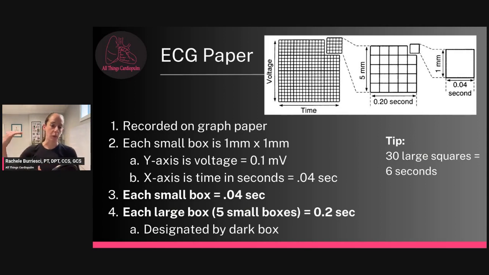Height is voltage, and that is 0.1 millivolts per box height, but we're not really talking about millivolts today. Okay, so I'm just going to repeat that. Every small box is 0.04 seconds, and every large box, which is made up of 5 small boxes, is 0.2 seconds. This is important, so I want you to hold that one in.